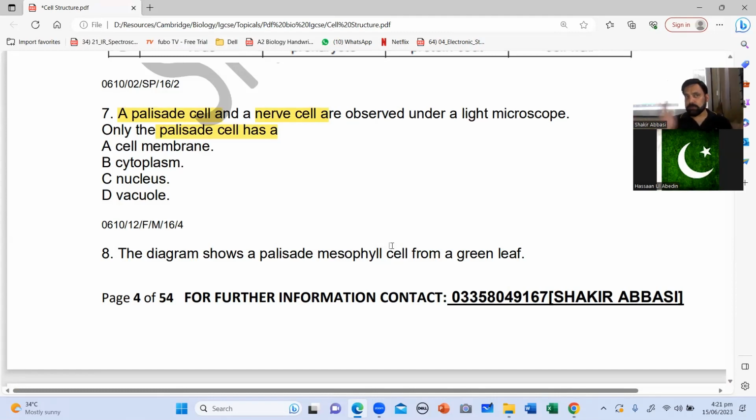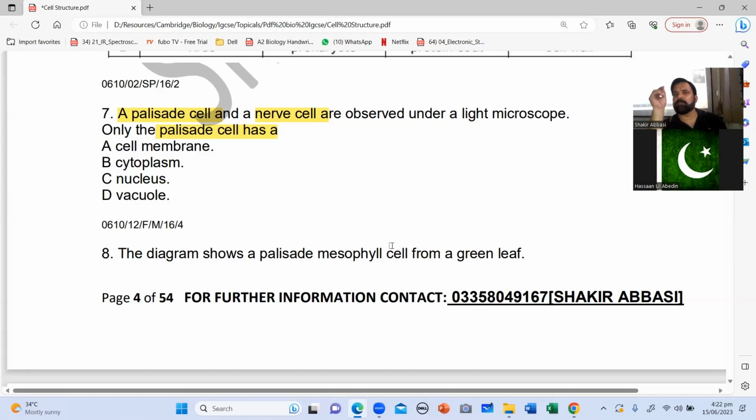Man, look, a nerve cell is also a cell, so a cell membrane is found in every cell. Every cell has three things: cell membrane, cytoplasm, nucleic acid. Palisade cell has a vacuole.